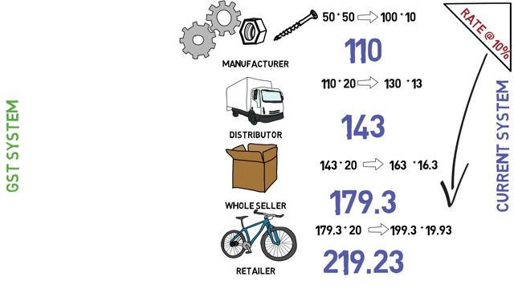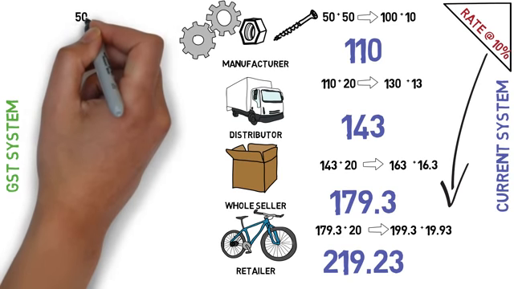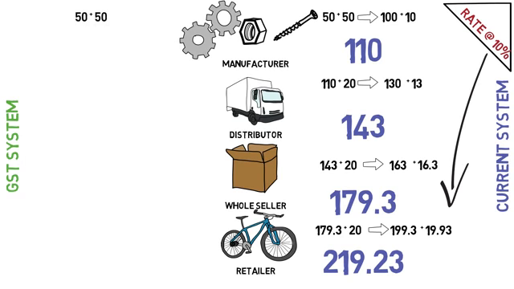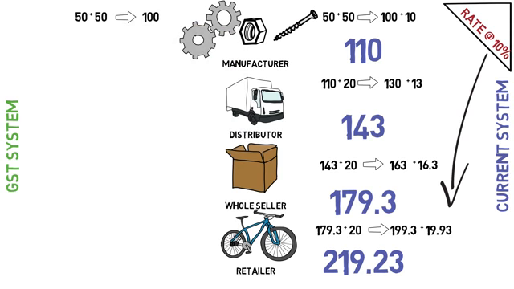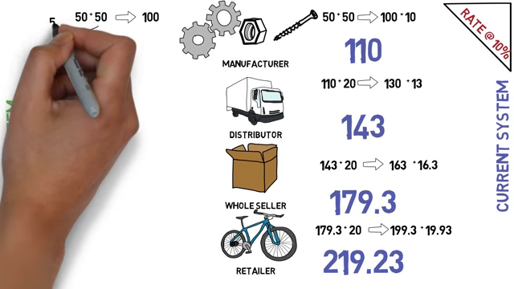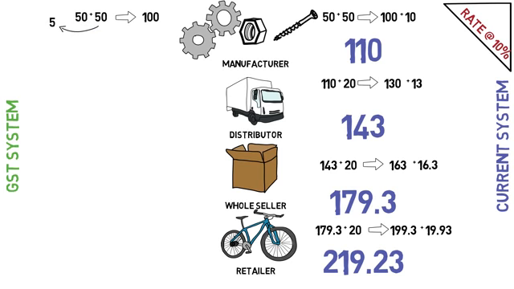Now we will take the same example in the GST system. Raw material of 50 rupees and manufacturing value of 50 rupees make the product of 100 rupees. But this time, the manufacturer has to pay taxes on the value added by him, which is 50 rupees. So he pays 10% of 50, which is 5, as tax from his profit.